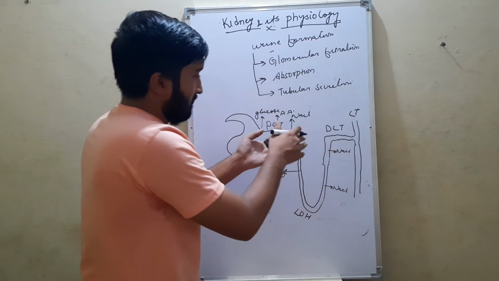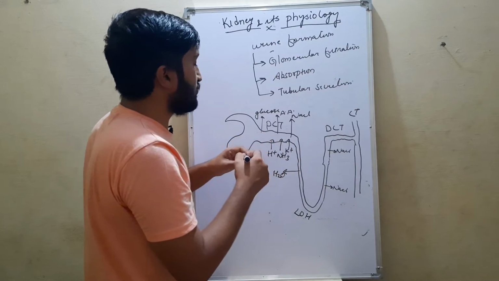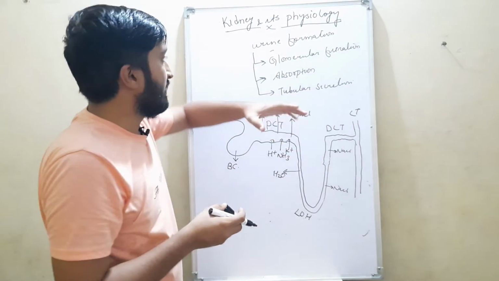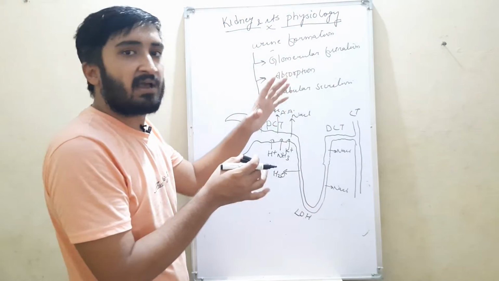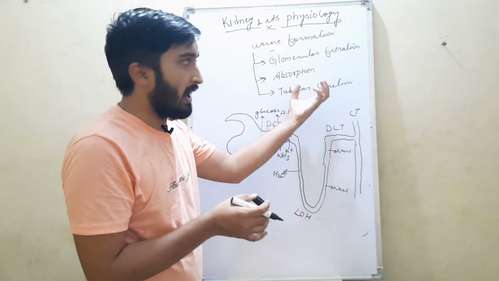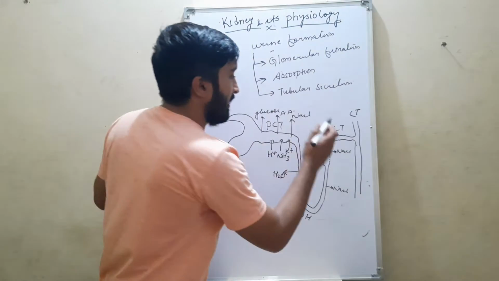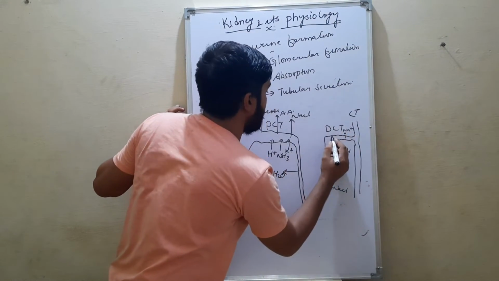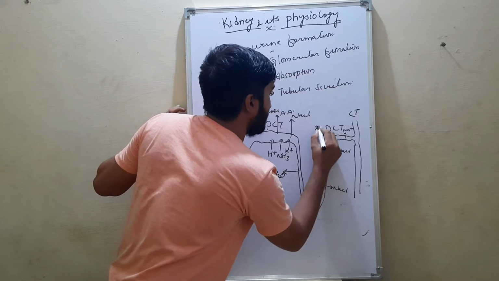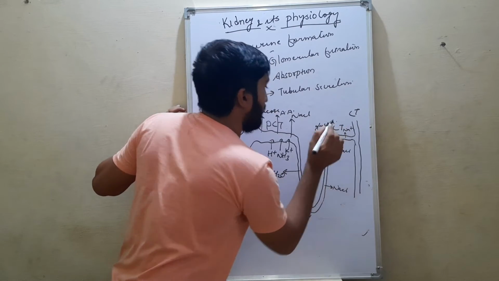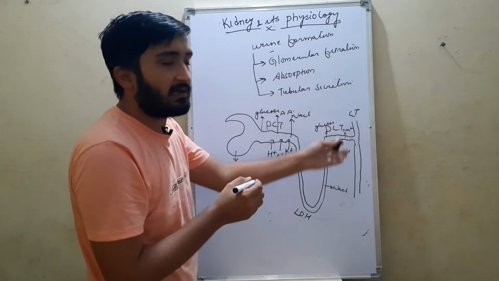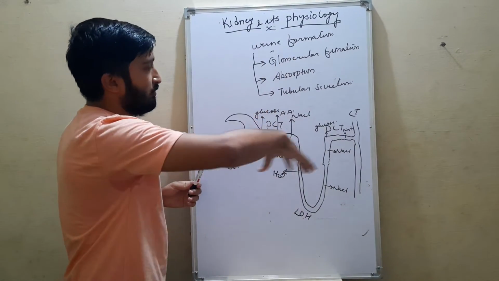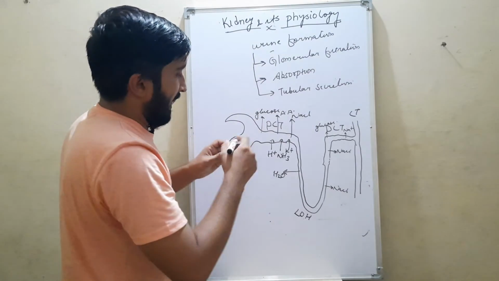In the DCT, the conditional reabsorption of sodium takes place, which I will explain in more detail in the homeostasis mechanism. Glucose and amino acids are also absorbed, and in the collecting tubule water is also absorbed. So this is an overview of how urine formation takes place.